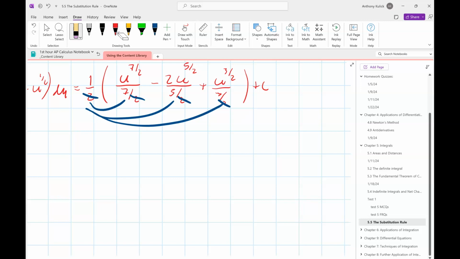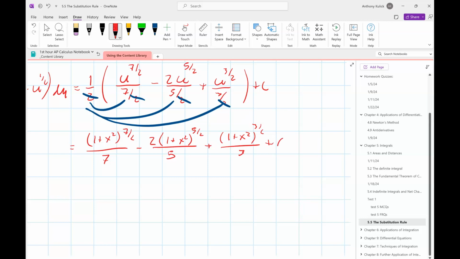So if I plug back in my u, we said it was 1 plus x squared to the 7/2 over 7, minus 2 times 1 plus x squared to the 5/2 over 5, plus 1 plus x squared to the 3/2 over 3, plus c.